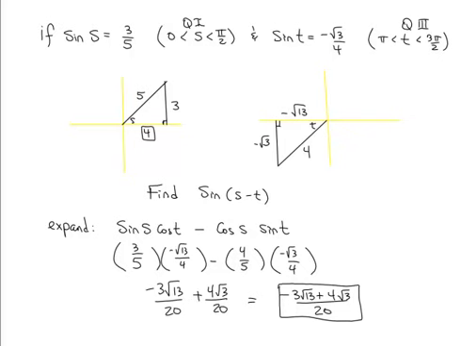Okay, I just have one last example that I want to point out to you today. We'll keep this nice and short again. And that is, what if we are given that tangent of s is equal to 2 and tangent of t is equal to 3?